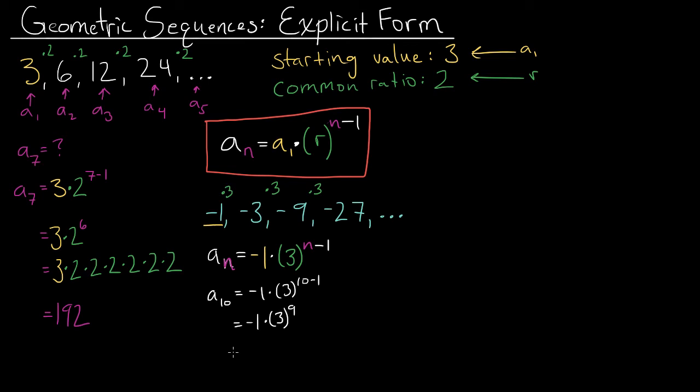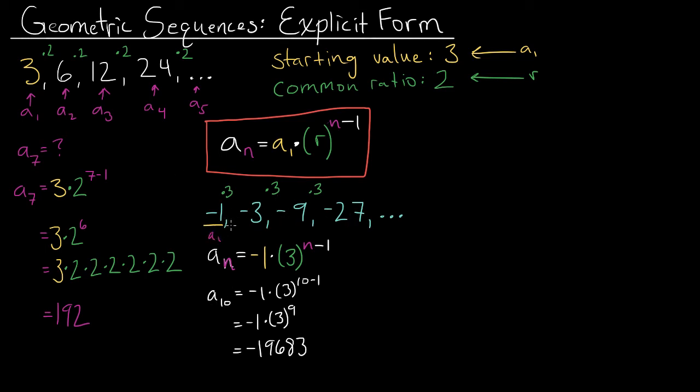And let's see, 3 to the 9th power, I calculated this on my calculator, it's 19,683, and we take the negative of that. So we have -19,683. That is the 10th term of this sequence, or a sub 10.